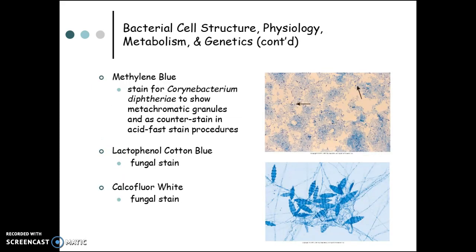Then we also have the methylene blue. If you use the methylene blue, it will stain the cells blue, and lactophenol cotton blue and calcofluor white are used to stain the fungi.